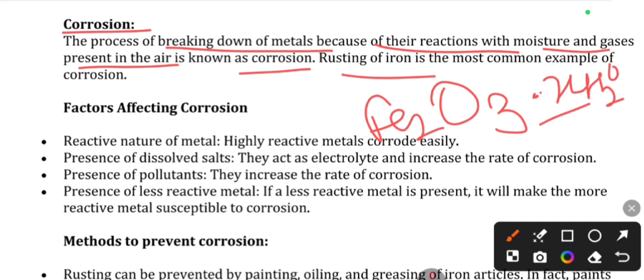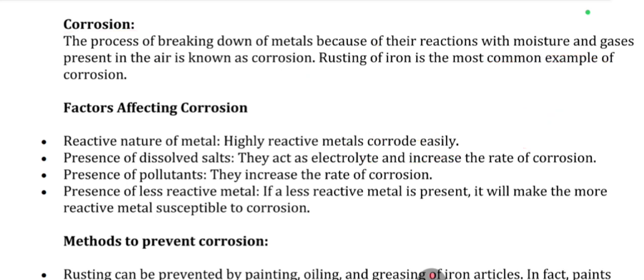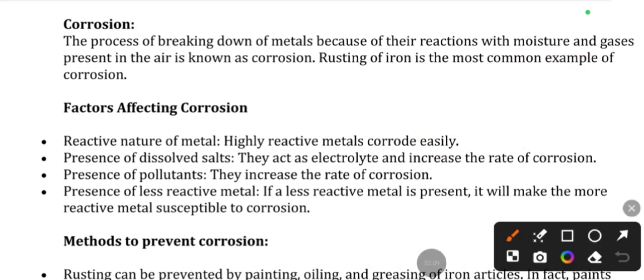X here means an unknown number of water molecules. We don't know how much water is present in rust. So in MCQs they can ask what is the chemical formula of rust? Fe2O3.xH2O. In the same way they can ask about corroded copper. So what is the formula?